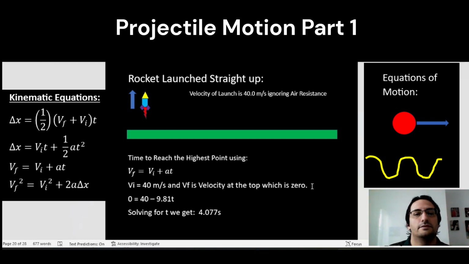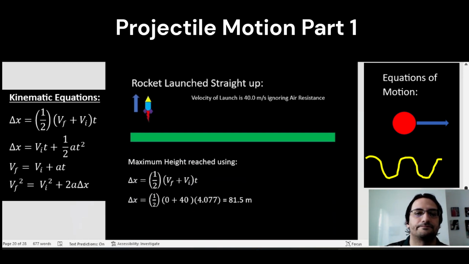So for the time to get to the top, we put 40 for V initial minus 9.81. We need to put the negative in the 9.81 so that 40 will decrease as the rocket goes up. Solving for t, knowing that V final is 0, we get 4.077 seconds. It's the time to reach the highest point.